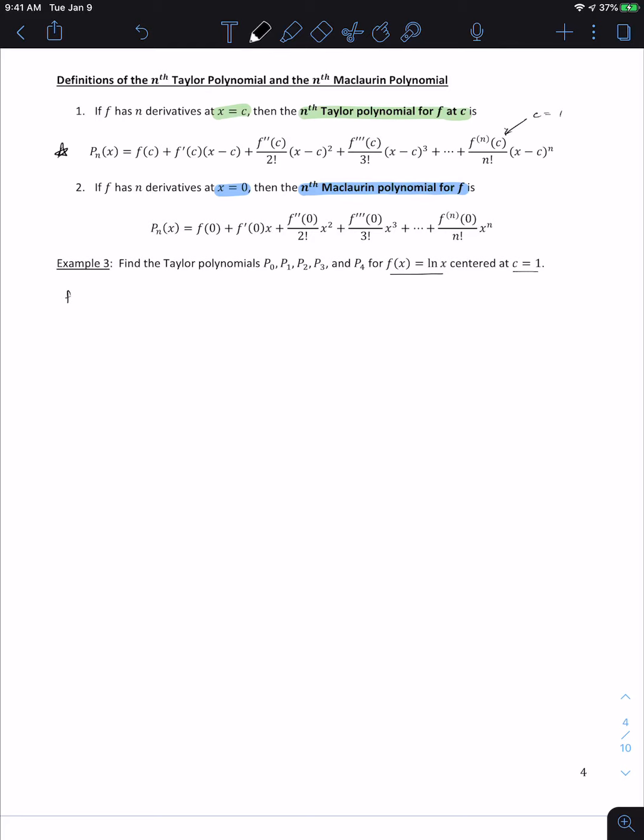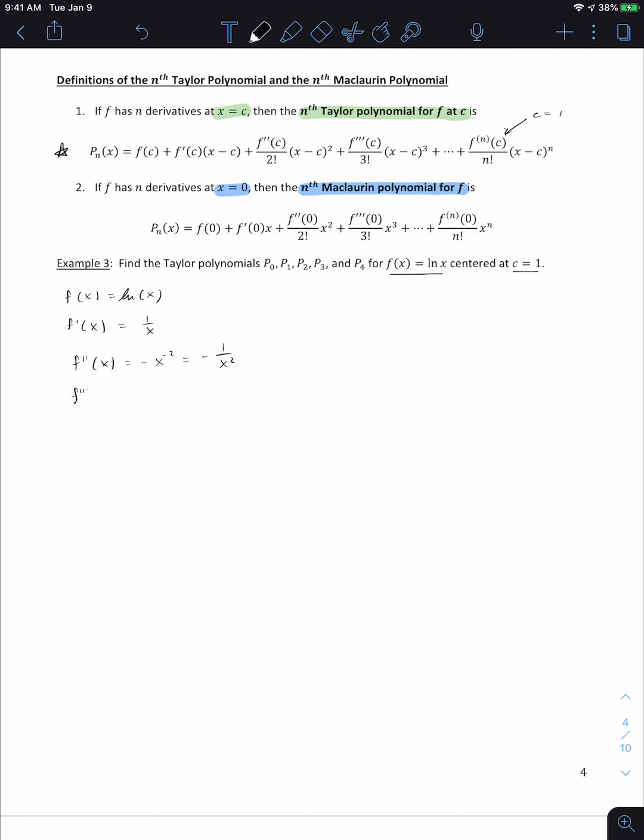So first, we know our function is ln of x. So my first derivative is 1 over x. My second derivative, this is really x to the negative 1, so I get negative x to the negative 2, which is negative 1 over x squared.